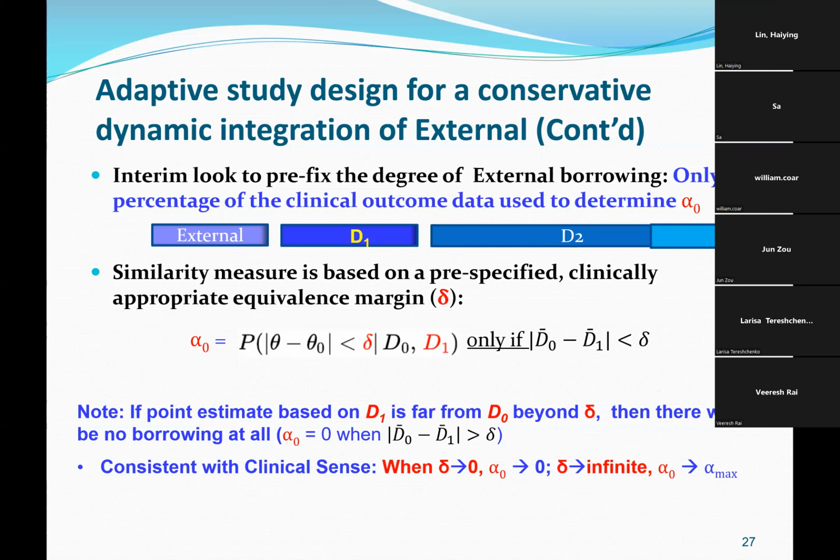Compared to Haddad's methodology, instead of using the whole data set D1 plus D2, we only use the interim D1 data to fix the alpha zero. And for the similarity measure, instead of the difference being less than zero, we plug in the equivalence margin called delta here, given D0 and D1. And we also force the restriction that the observed difference has to fall within minus delta to delta.